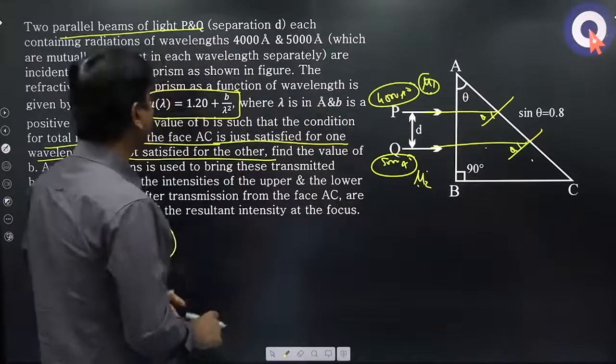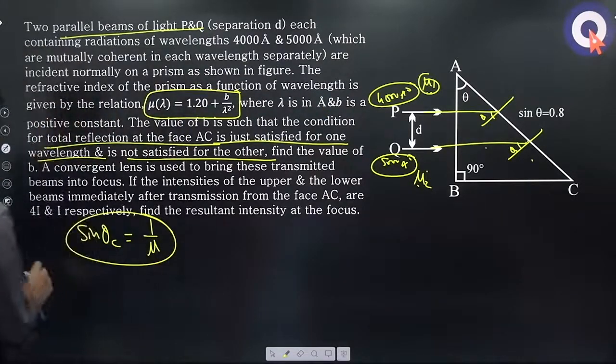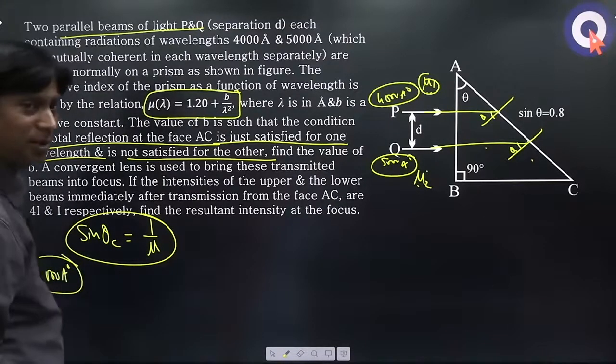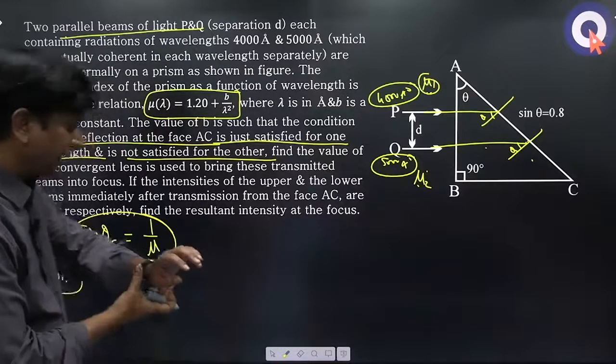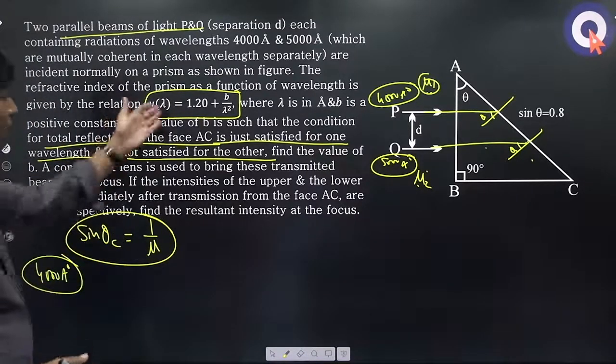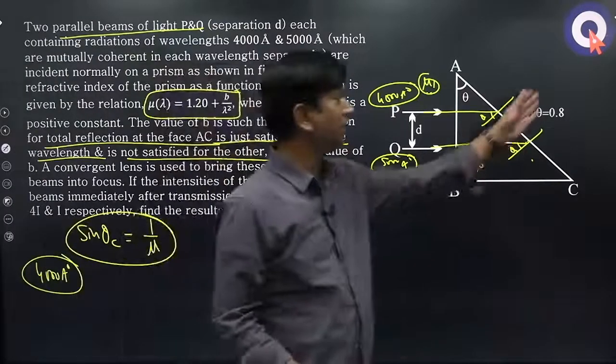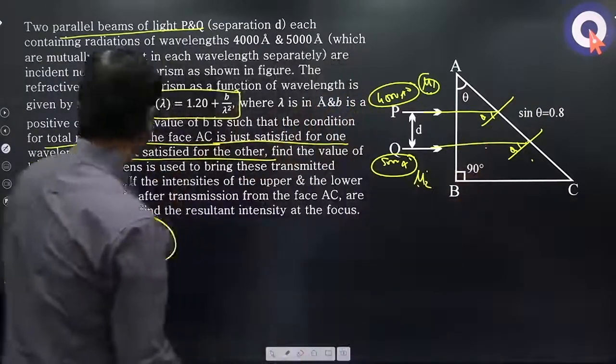Okay. So how much is the critical angle for 4000 angstroms? Sine of the critical angle is 1 by nu, correct or not? So 1 by refractive index of denser medium, that is 1 by nu.